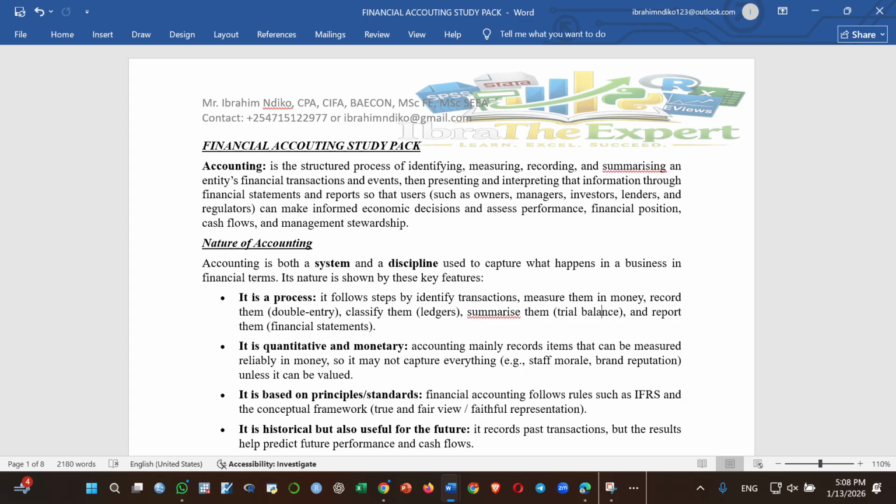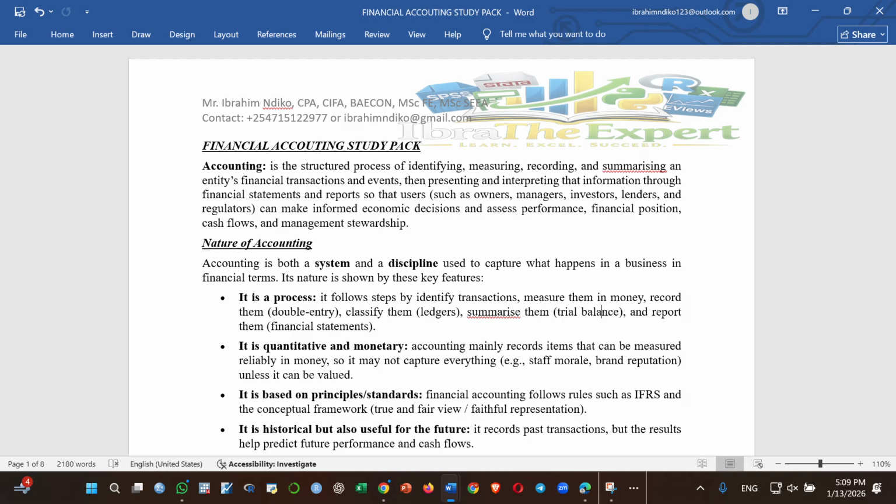So once we classify, then we can come up with a trial balance so that we summarize and then we report them. Number 2, quantitative and monetary. The transaction should be something that can be measured in terms of money. That is number 1. So the transactions and events that we were talking about in our first definition of accounting can be measured reliably in the form of money.